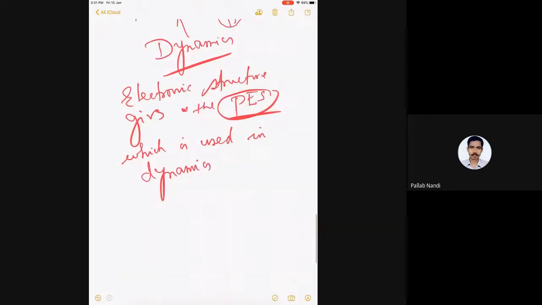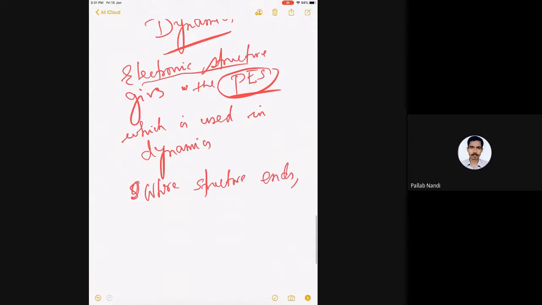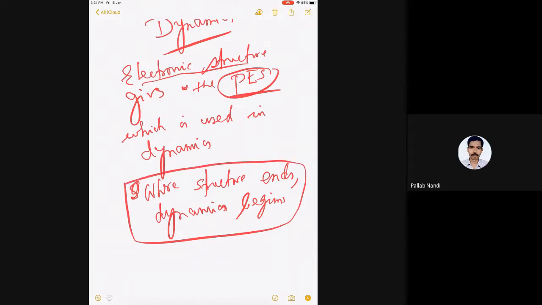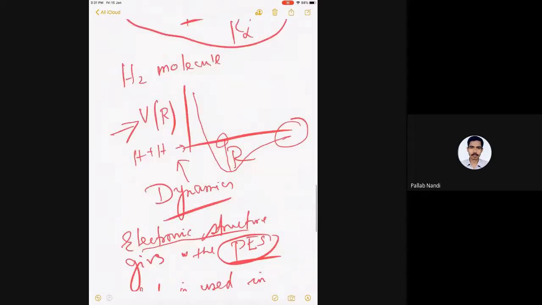So I have to do a complete structure calculation, then only I can do dynamics. So very often there is an adage: where structure ends, dynamics begins. It is very important to realize that the dynamics people are actually dependent on the electronic structure, even to start their calculation, if they really want to do it correctly.